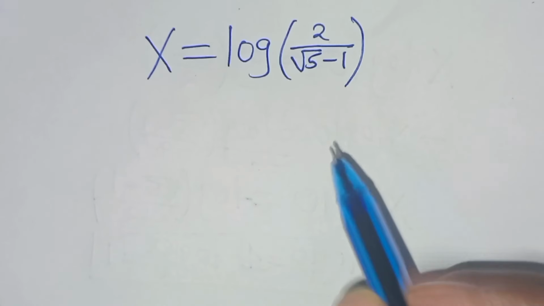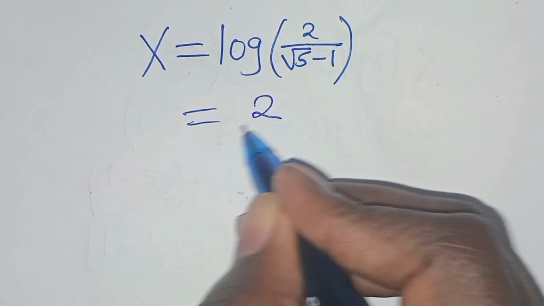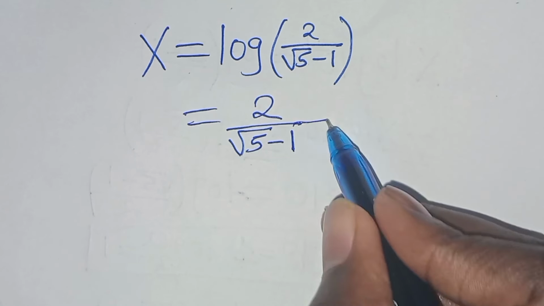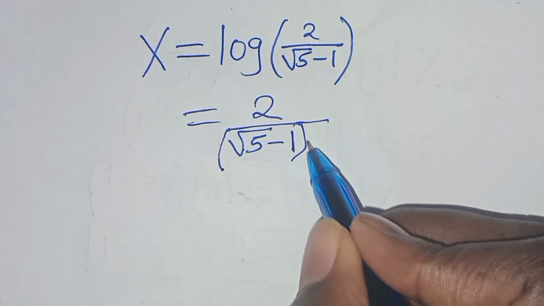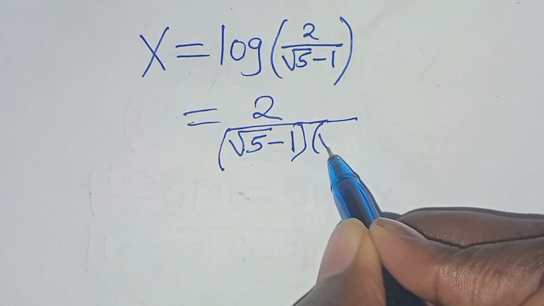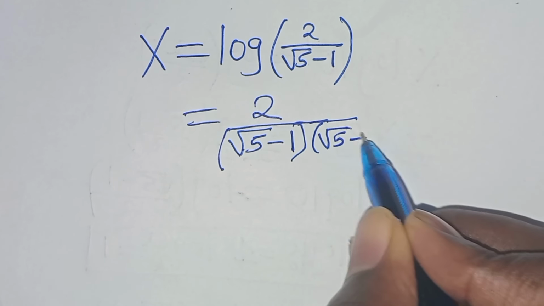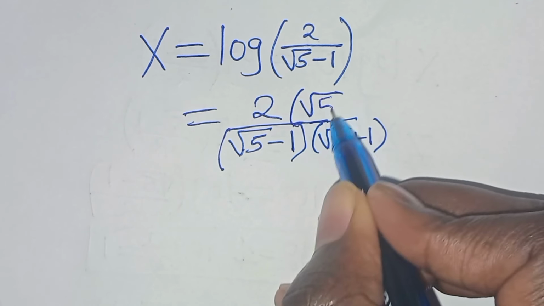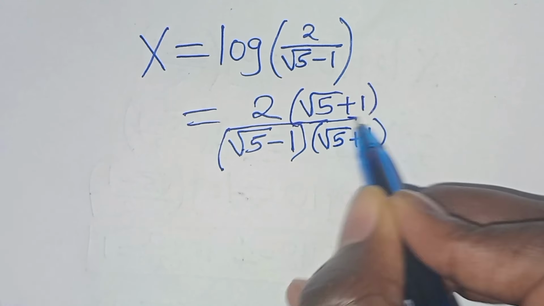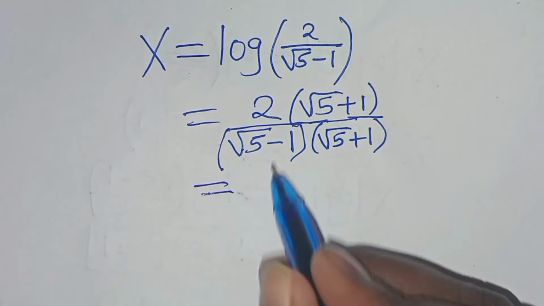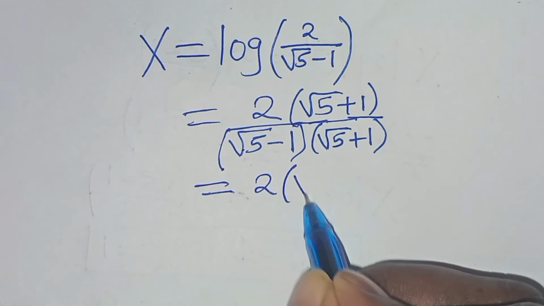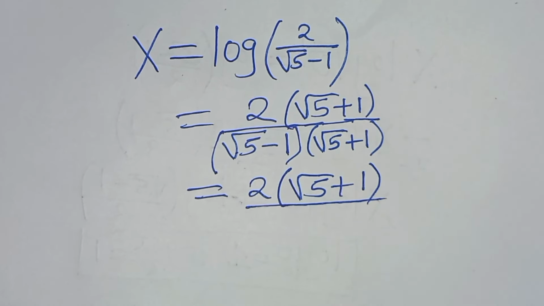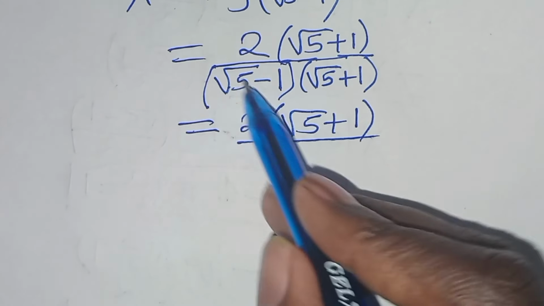Now from this part, which is 2 over square root of 5 minus 1, we rationalize the denominator by introducing a conjugate, which is square root of 5 plus 1, and you multiply also the numerator by square root of 5 plus 1. So here in the numerator we have 2 times square root of 5 plus 1, divided by square root of 5 minus 1.